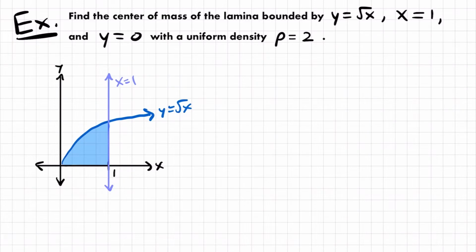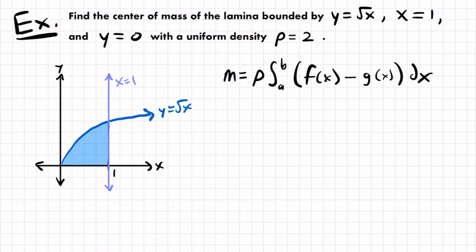All right, and so let's start by calculating the mass of our lamina. We know that the mass is equal to rho times the integral from a to b of f of x minus g of x times dx. And this is just the area of this region. And so what is the top function f of x of our region with respect to x? Well, if we look from the top down, the top of our region is y equals the square root of x, and the bottom of our region is y equals 0.